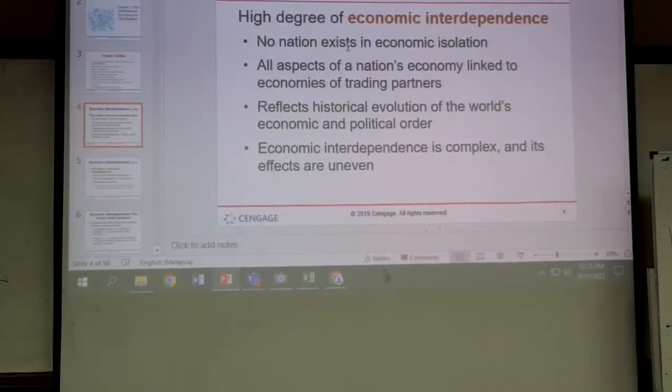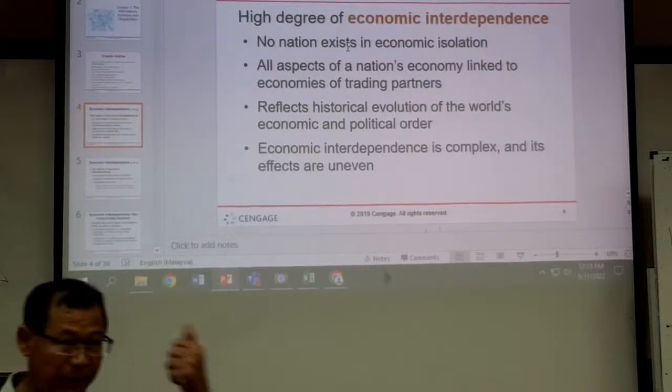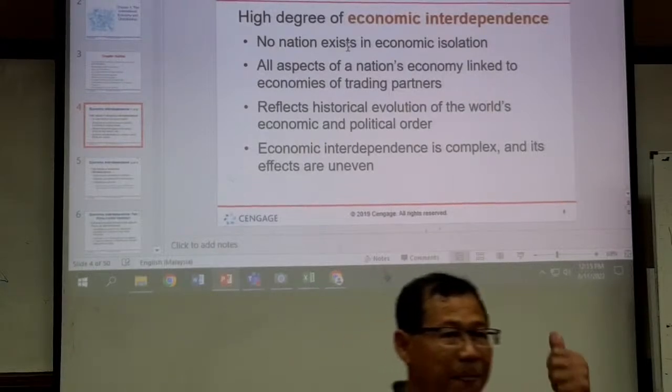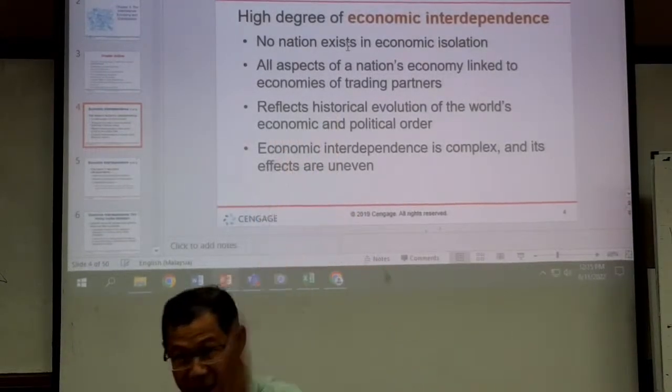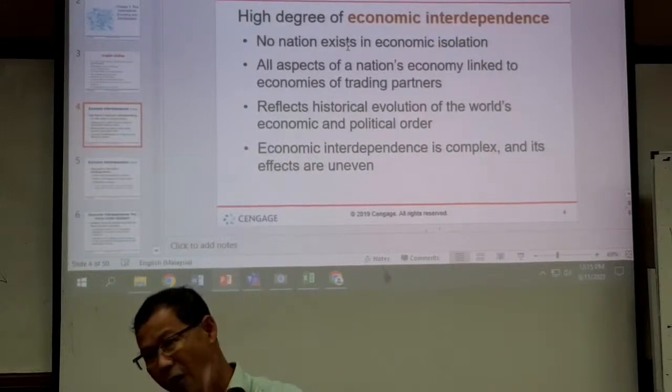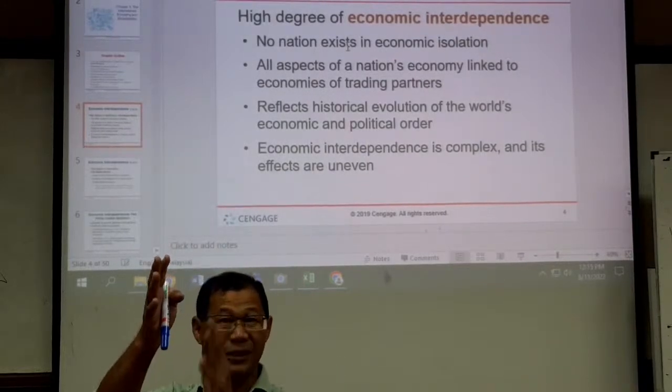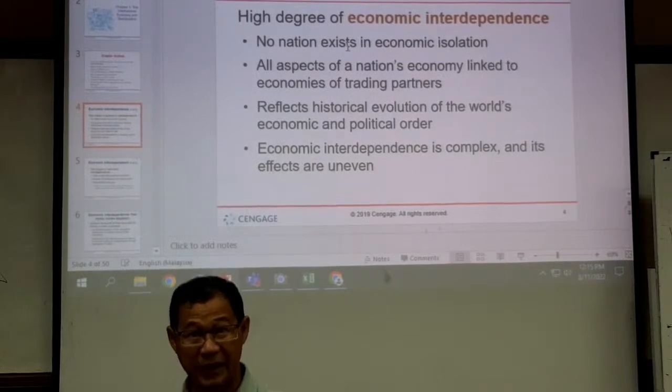When we describe a country, we should describe two things: economically and politically. West Germany was divided by the Berlin Wall, the wall in the middle of the city of Berlin.